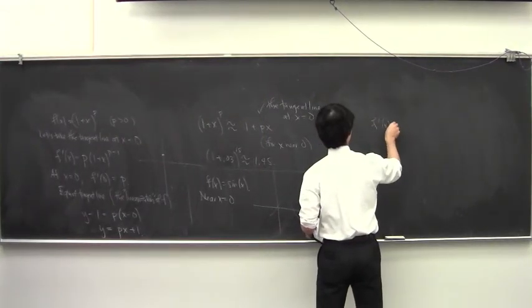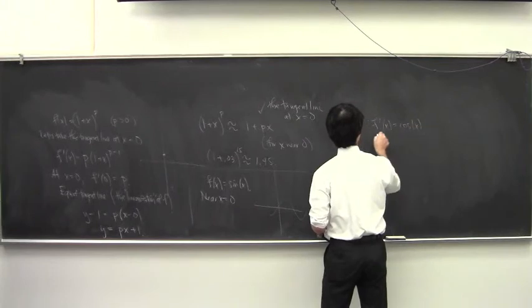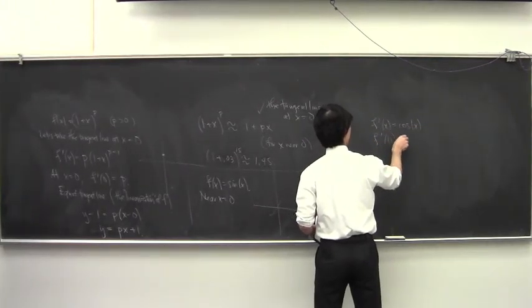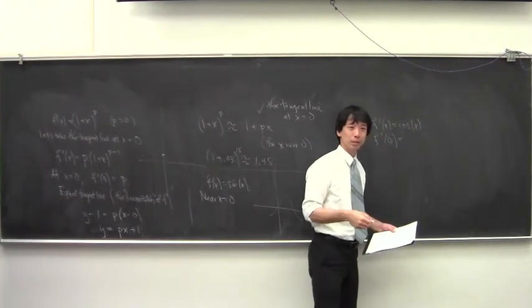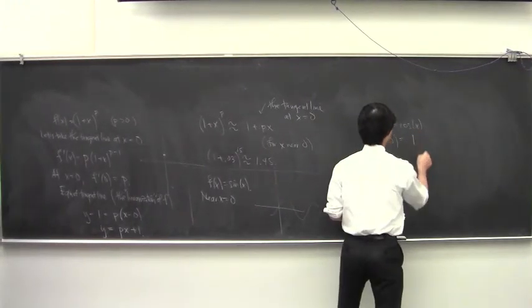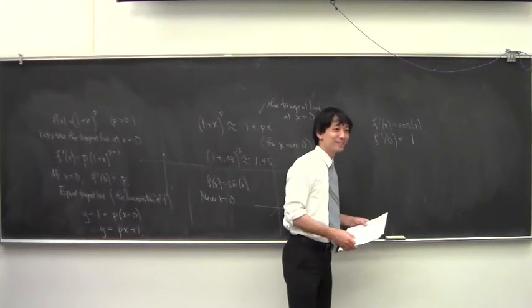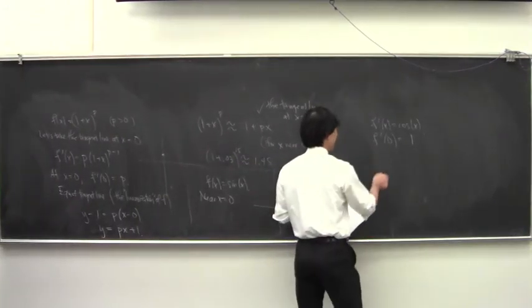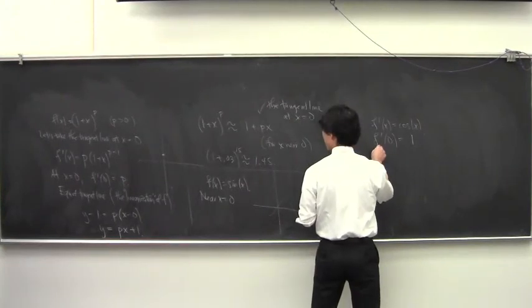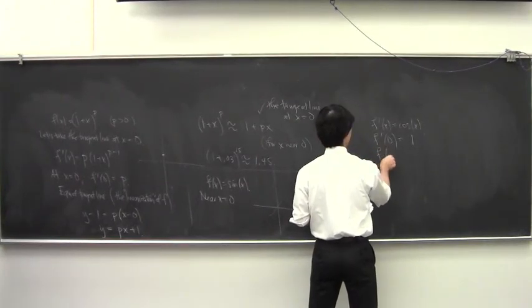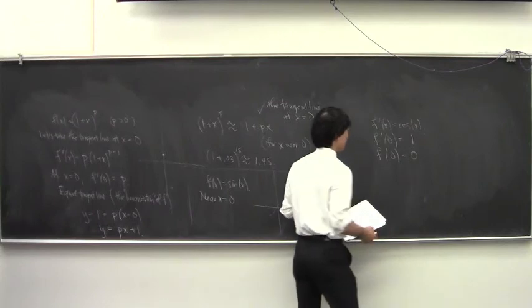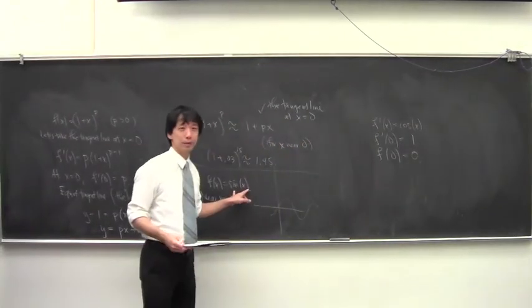Well, f prime is the cosine. f prime of 0 is cosine of 0, which is 1. And you know that f at 0 is 0, since the sine of 0 is 0.